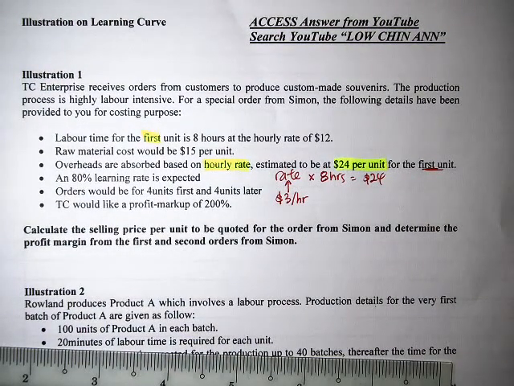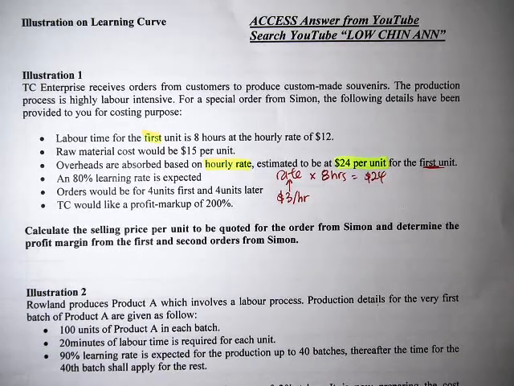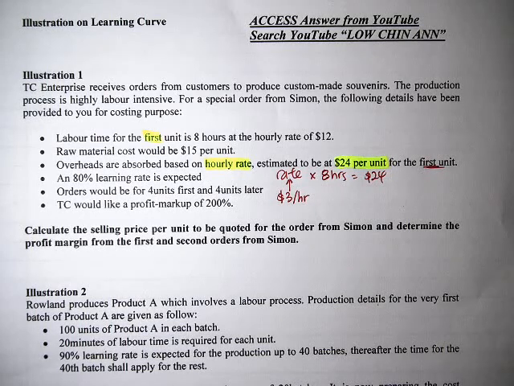Then they say that an 80% learning curve is expected. The orders would be for 4 units first, 4 units later, and they would like a profit markup of 200%. The requirement says work out the selling price per unit to be quoted for the order, and then how much margin from the first and the second orders from Simon.